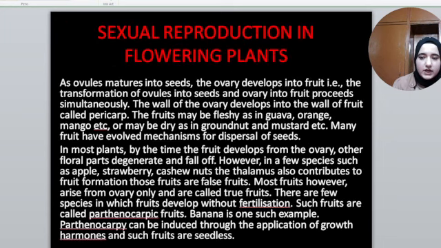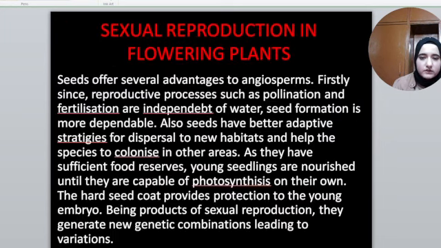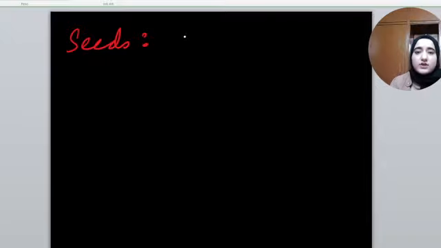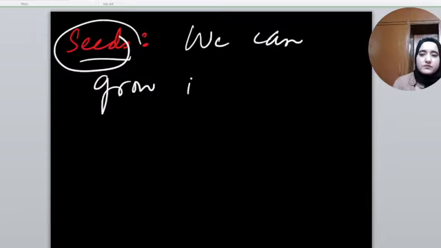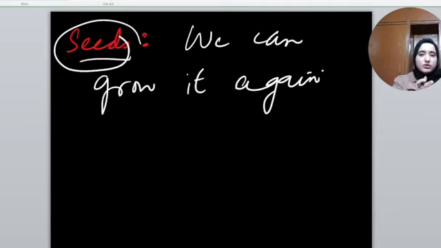Let's move forward. We are done with parthenocarpy, and with true fruits and false fruits. Now seeds are very important for us, right? Seeds carry genetic material. What's the function of seeds? We can grow them again, we can carry them from one place to another and grow them there, right?